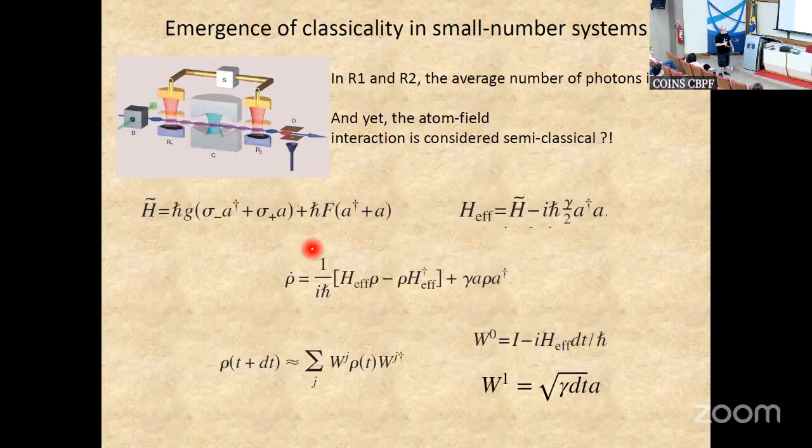Okay, and the master equation is given by this term plus the standard master equation term. And again, a jump is a loss of a photon in the cavity. The no jump is given by this operator, and again, I have the Markovian CPTP map.